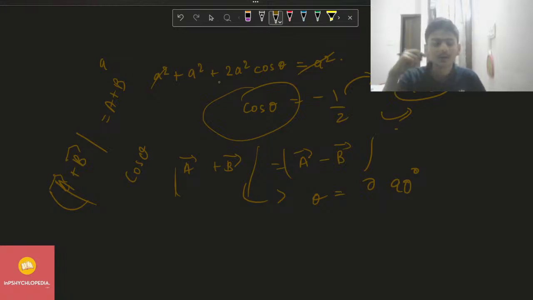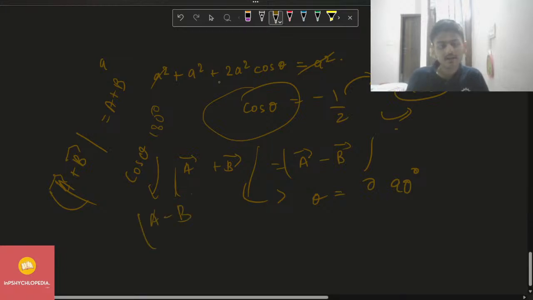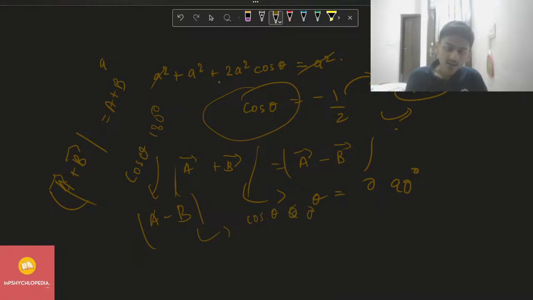So when cos theta is plus 1, r square is a square plus b square plus 2ab cos theta, and r will be a plus b. And if theta is 180 degrees, in that case it will come out to be a minus b, and that will be the least value, because cos theta is least at 180 degrees, right?